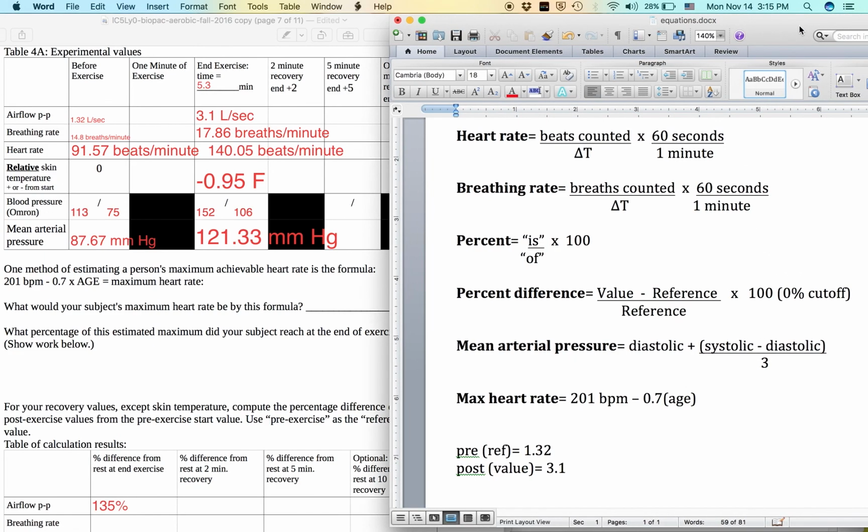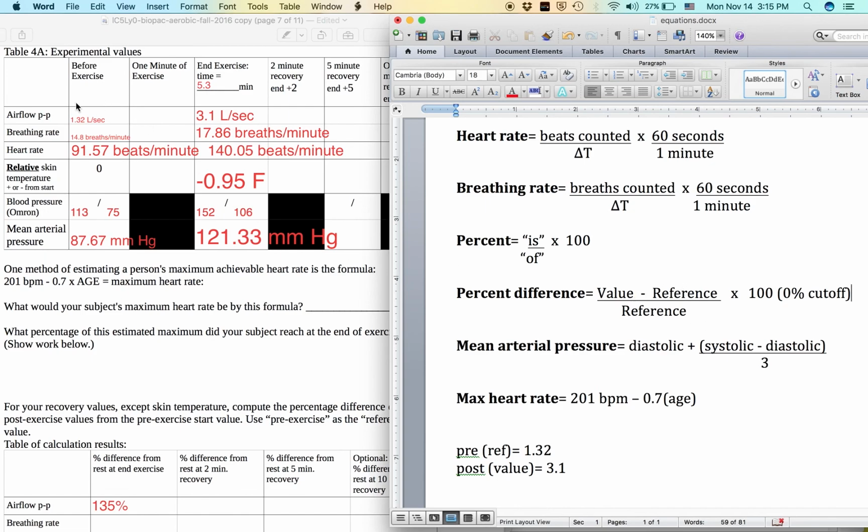And so what that means is that if it is less than 0%, it'll be negative, which means that your value is less than your reference value by a given percentage. If it is greater than 100%, like it is here, that means that your value is larger than your reference value.